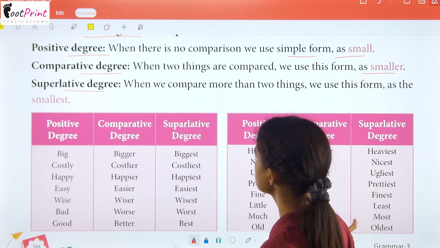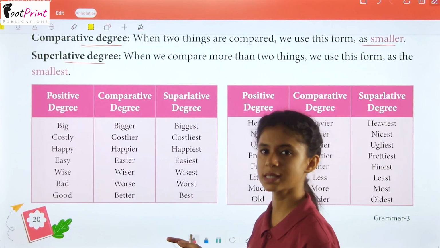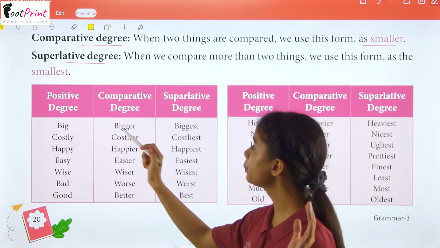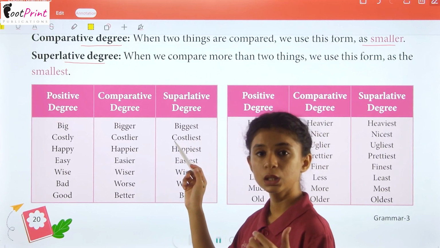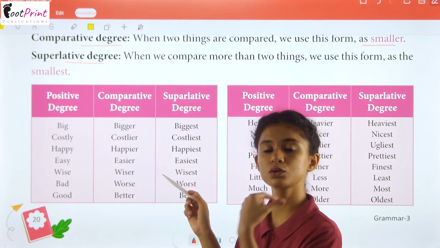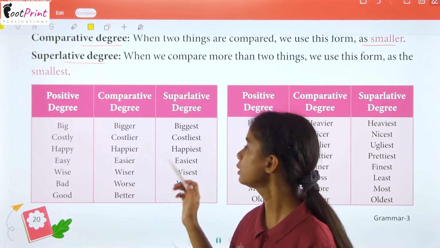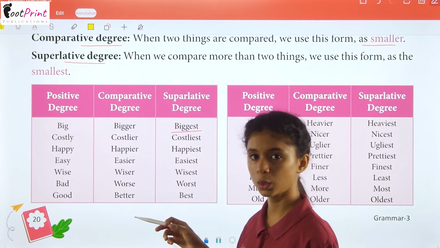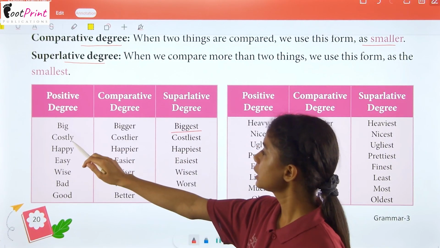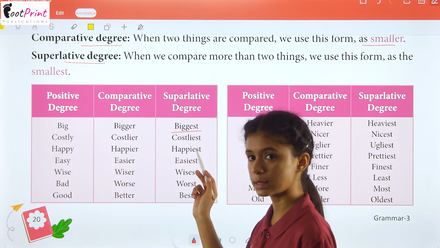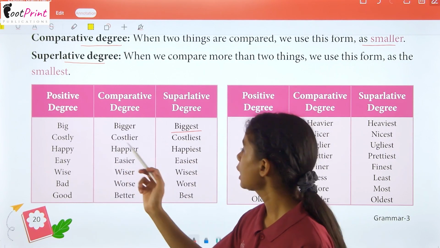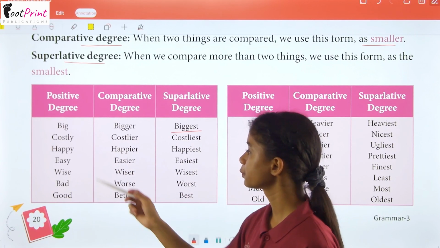Let us see some degrees. Here are some examples: big, bigger, biggest. When you are finding out among more than two people, you will use this degree. Costly, costlier, costliest. Happy, happier, happiest.